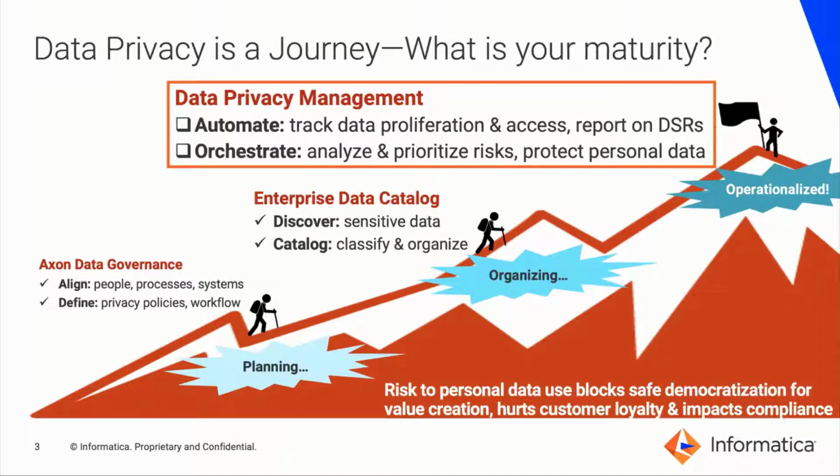Otherwise, it takes customers about $1,400 to do a DSR report as per Gartner. And then we can orchestrate by analyzing and prioritizing the risk so that we can focus on those 20% of the data stores which have 80% of the risk and ultimately protect those data stores, right?